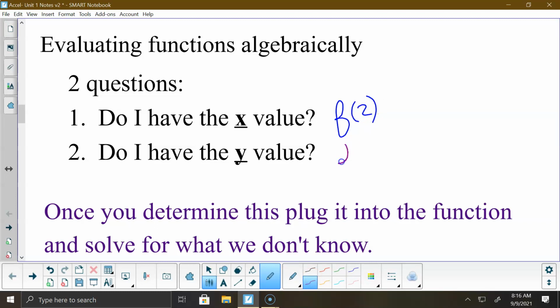Having the y value is f of x equals 7, or whatever it is. And then the biggest thing is once you know what you've got, then you can go through and actually solve.